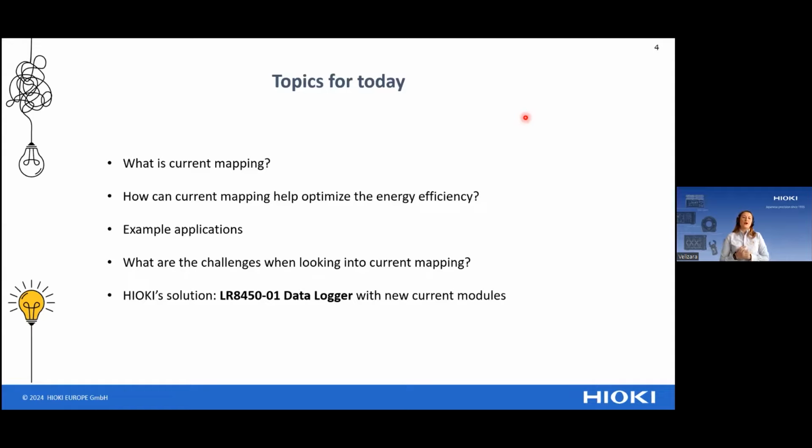Then I will go to the challenges, because if you want to create a current map, you need proper equipment to do so, and there you will meet a few challenges along the way. I will go through these step by step. And then, of course, I won't be talking to you today if we did not have a solution for your problems with our data logger LR8450-01, with new current modules, and of course with our huge variety of current sensors.